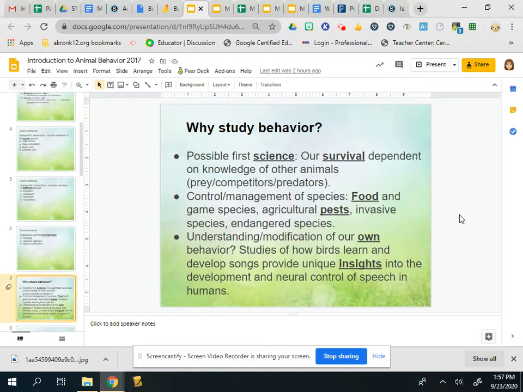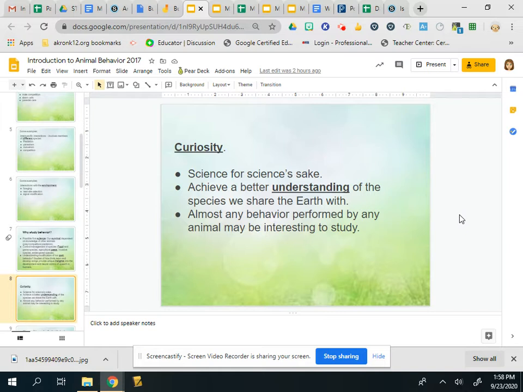And then also understanding and modification of our own behavior. Maybe watching other animals and studying them helps us have insights into humans and how and why we behave the way we do. Okay, and then there's curiosity. Maybe we're just curious, just for science purposes, we just want to know why. Humans are curious by nature, wanting to have a better understanding of the world around us.